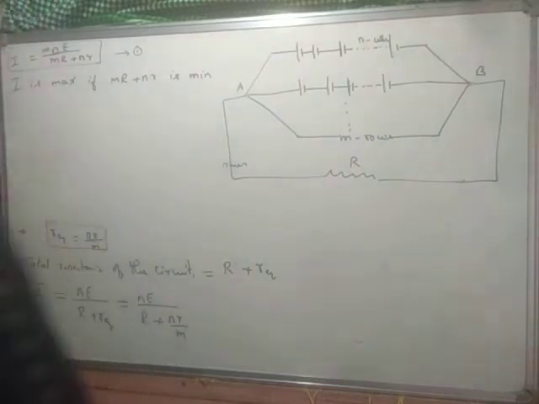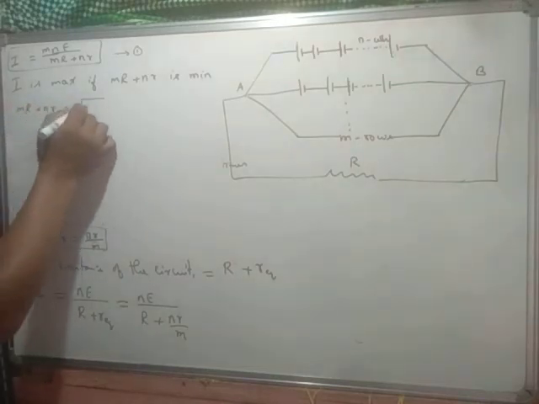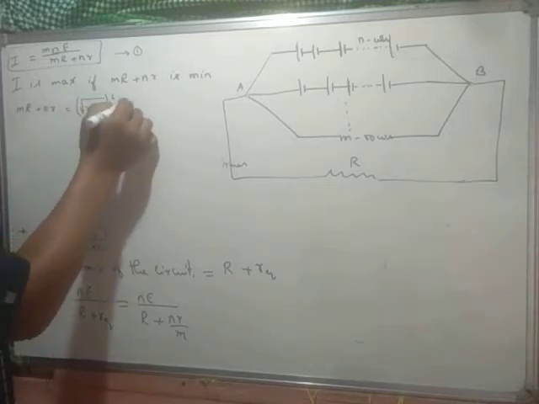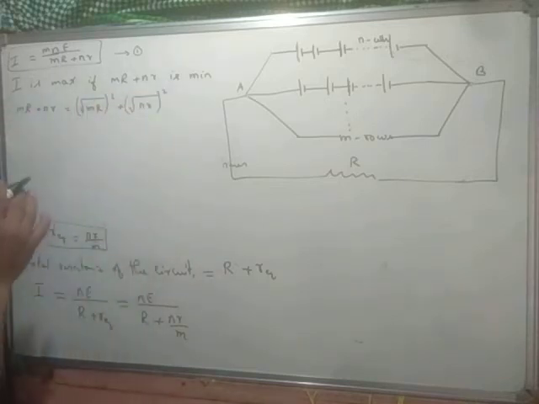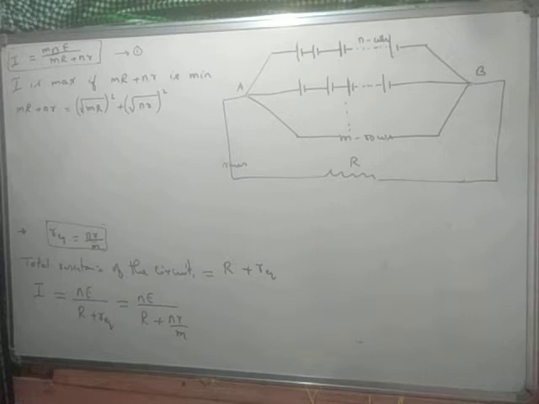What does it mean? It means like this. Because this MR plus NR, I can write it as root MR square plus root NR square. I hope this is fine, because when you cancel the square with the root, you'll get back the same thing.